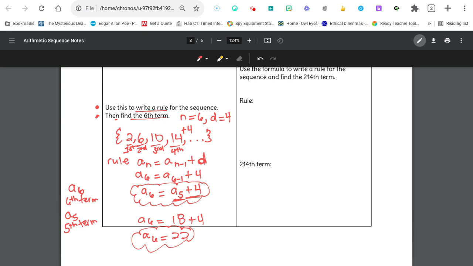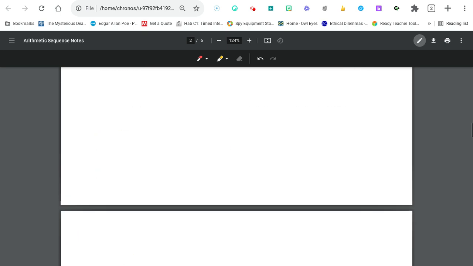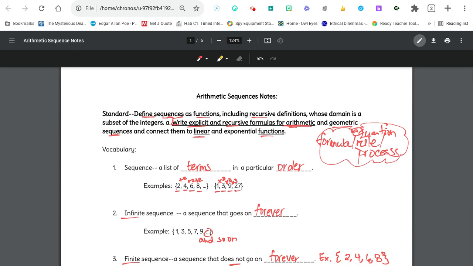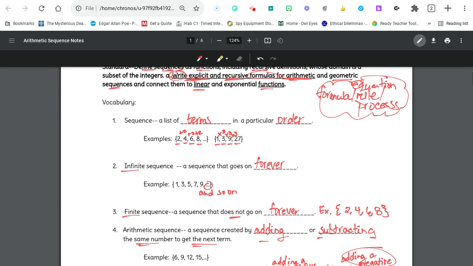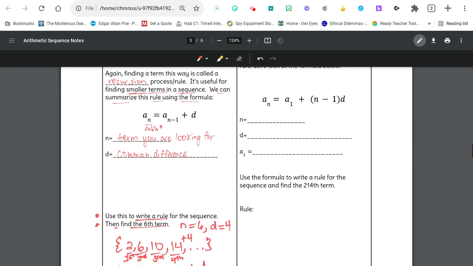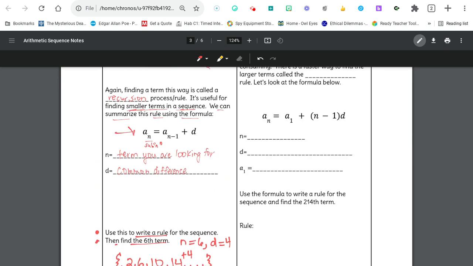So I've answered both of those bullets, and that's what you do. It's going to cover in your standard writing these explicit and recursive formulas. You're going to have to write this rule, so you need to remember this formula for recursion.